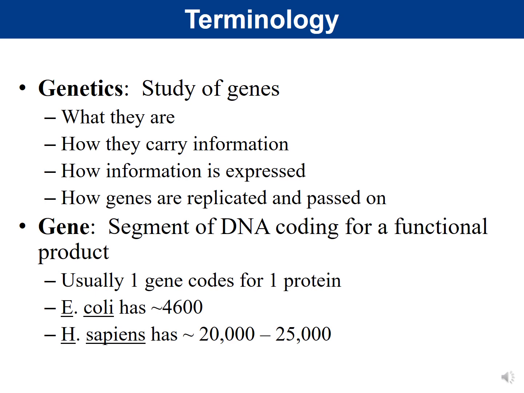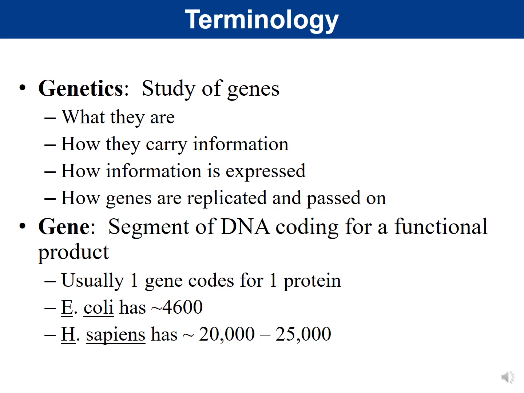So let's start with what a gene is. A gene is a segment of DNA coding for a functional product. Historically, we used to think of a gene as being a segment of DNA that codes for protein. But what we're actually finding is that not all DNA codes for protein. There are some DNAs that code for types of RNA, and those RNAs don't form proteins necessarily, but they do play an important role in the cell.